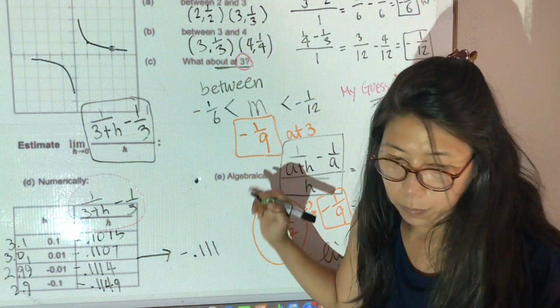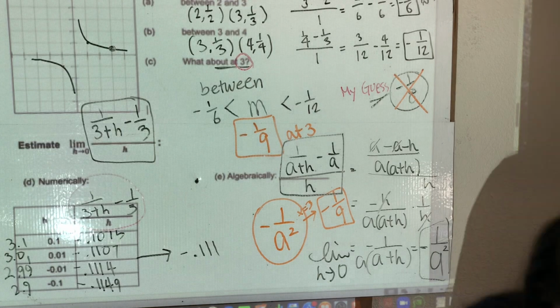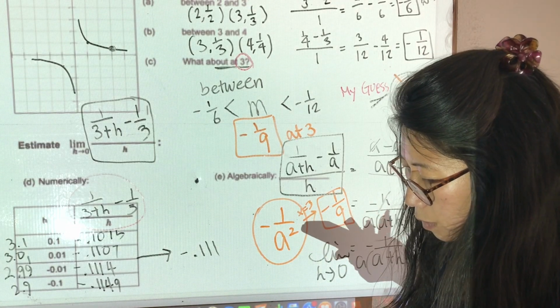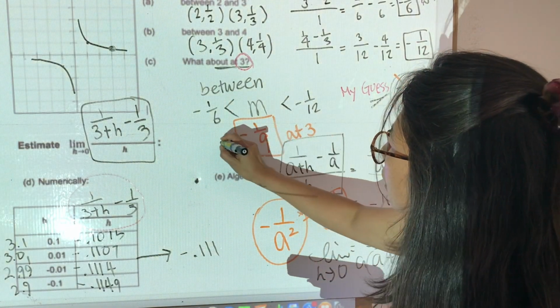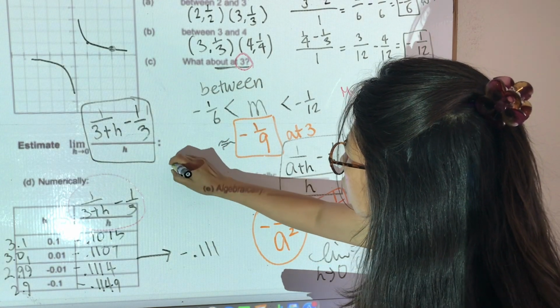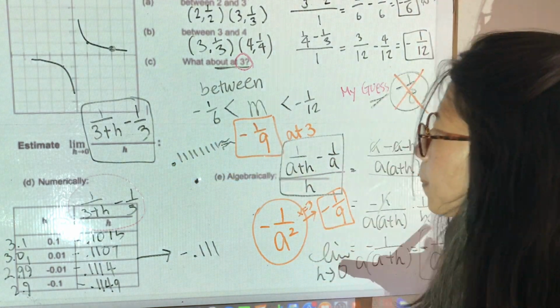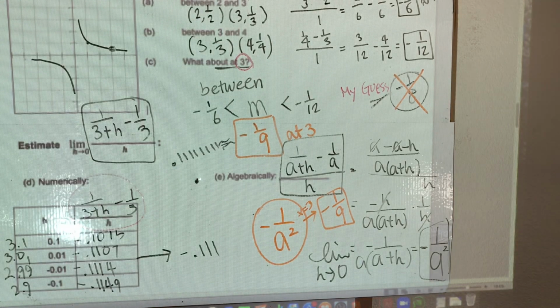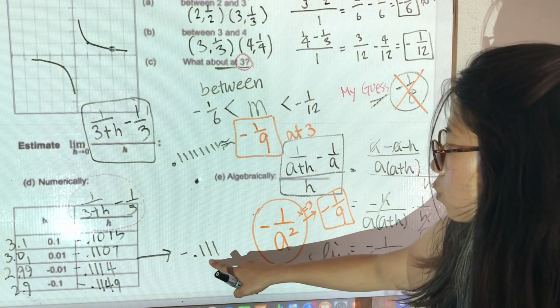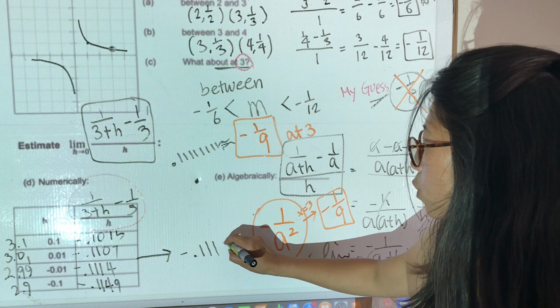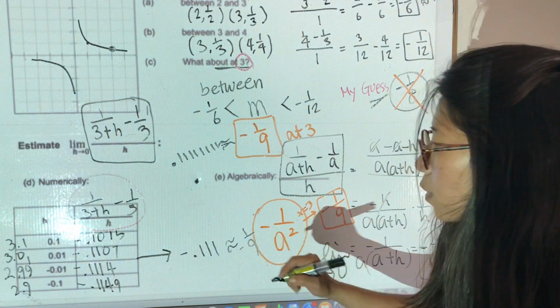Okay, so let's punch in what 1 over 9 is. If I punch in 1 over 9, that actually gives me 0.111111. So as I guessed, my limit is going to be negative 0.111, which is negative 1/9.